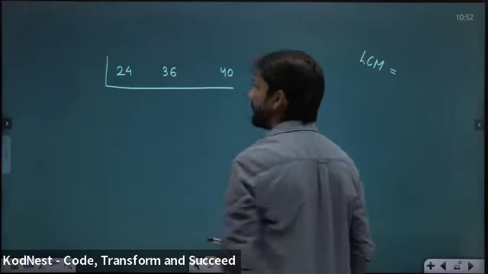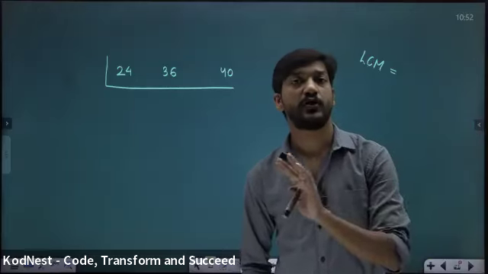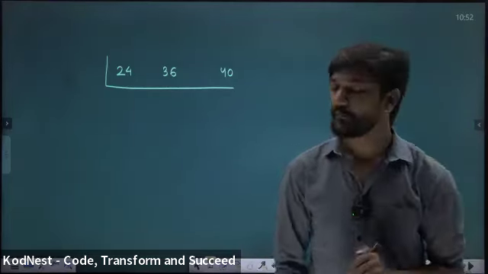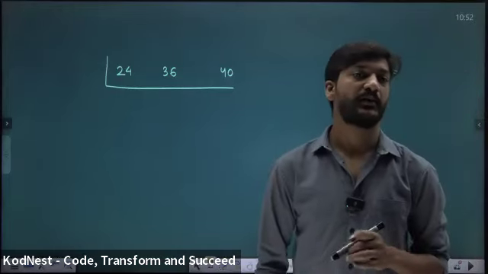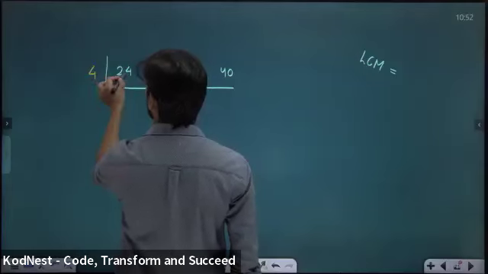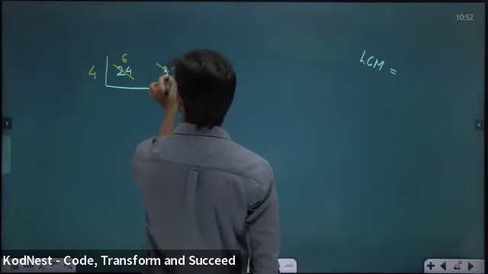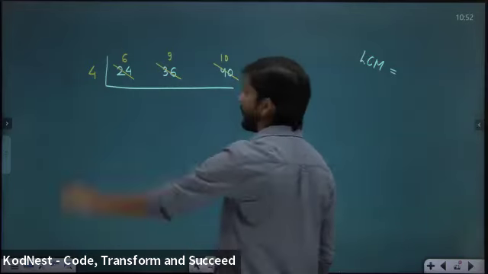Okay, in the starting, if possible, try to think of those numbers which cancel all of them. Tell me which number cancels all of them? 4. Okay, 4. So 4 into 6, 4 into 9, 4 into 10. All right.